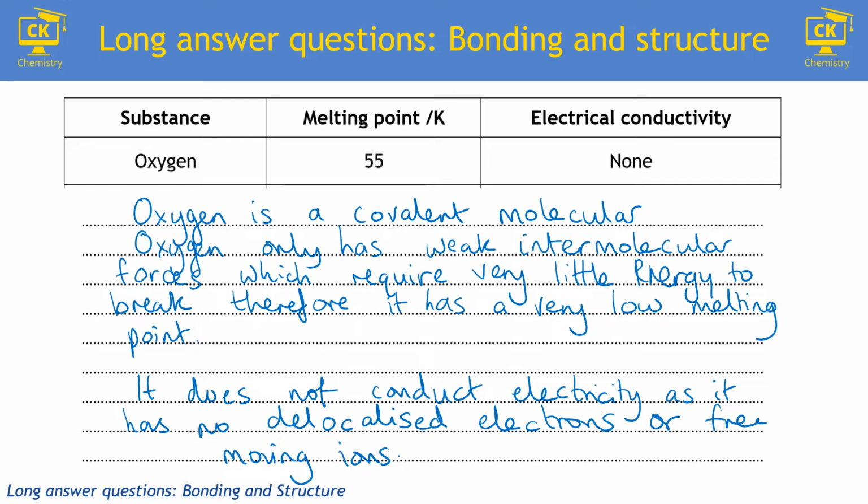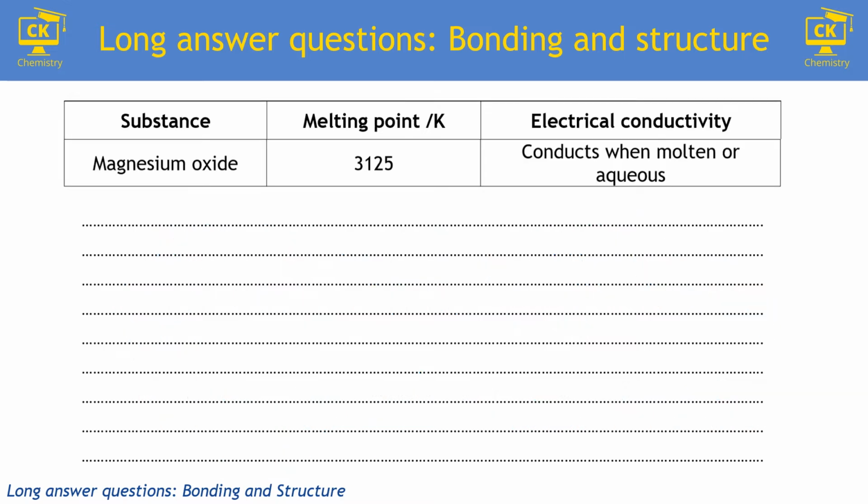Okay, now let's look at the last substance, and that will be magnesium oxide. So again, we're going to identify the bonding, which is ionic, and therefore, because it's ionic, it is a giant structure. So MgO has a giant ionic structure, or you can say is a giant ionic lattice.